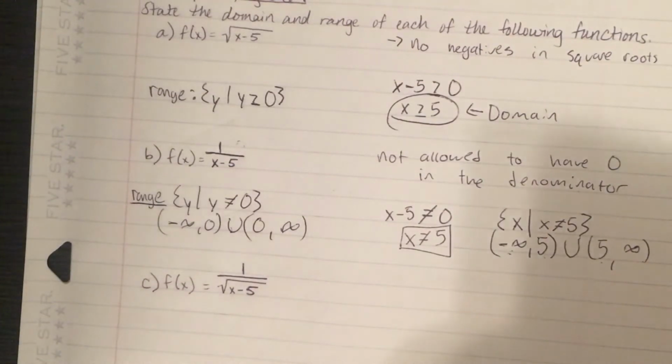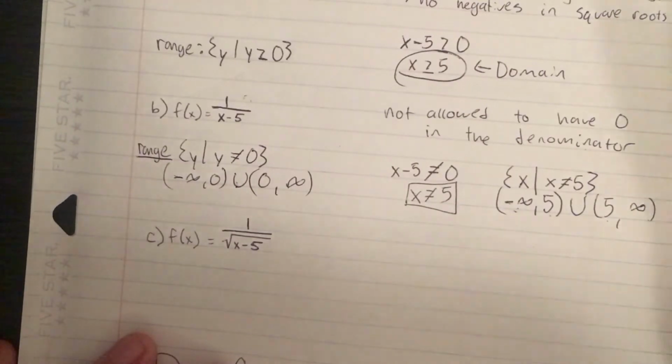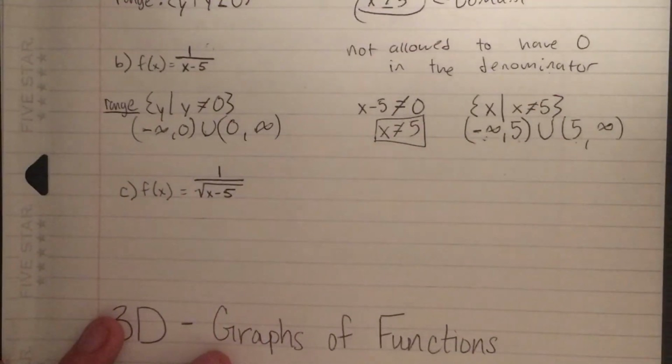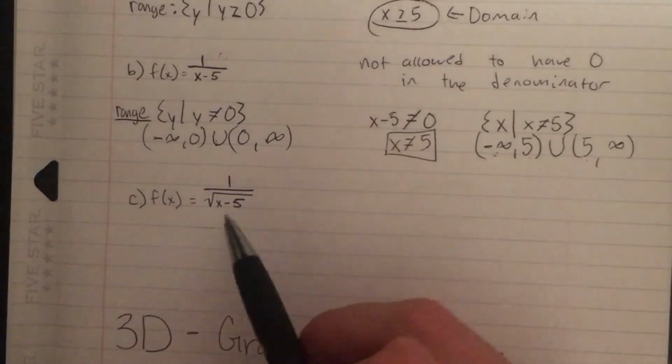So the last thing I want to look at is straight from a graph. Actually no, we'll be fine. We can look at this without a graph. Again, we're combining both of the things that we looked at in the last problem.